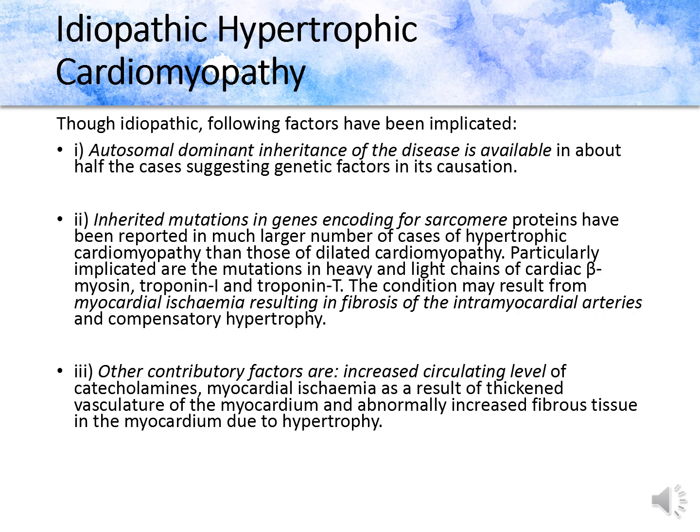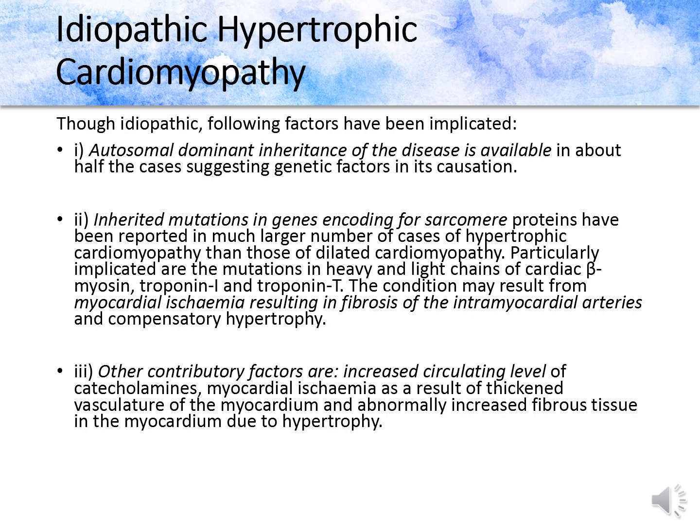Though idiopathic, the following factors have been implicated, so they are possible causes of such changes. Autosomal dominant inheritance of the disease is available in about half of the cases, suggesting genetic factors in its causation.